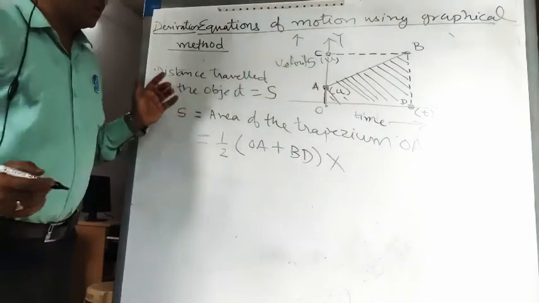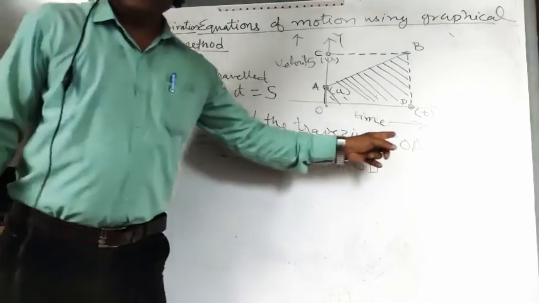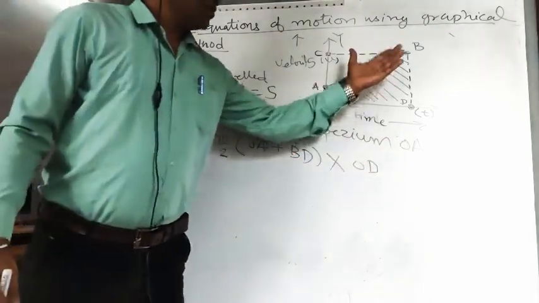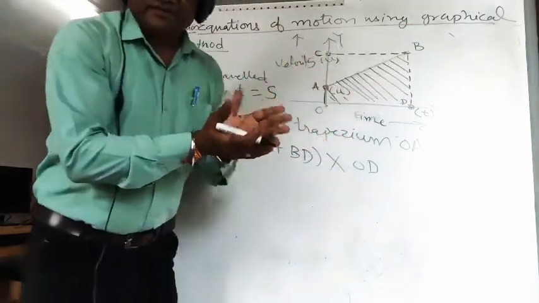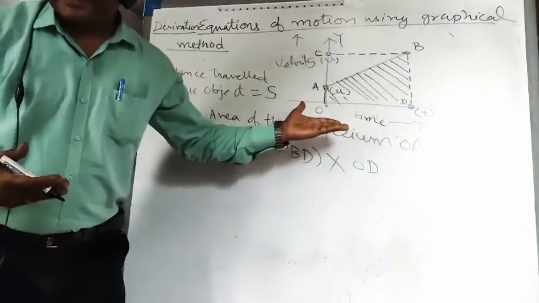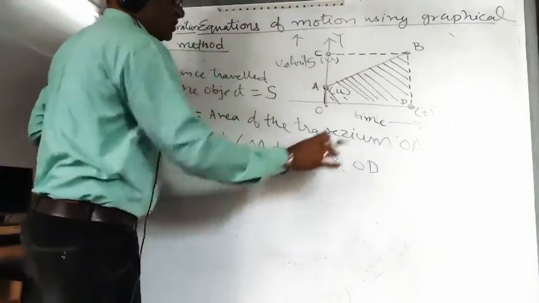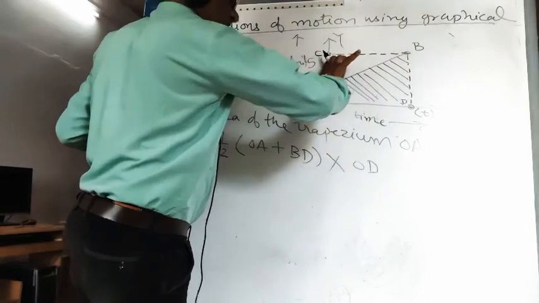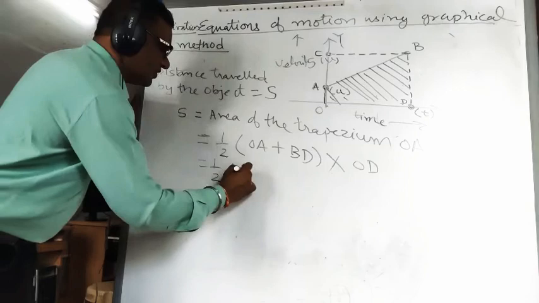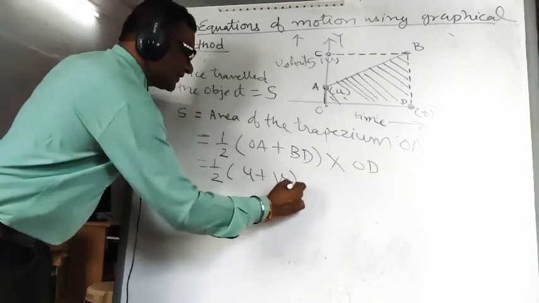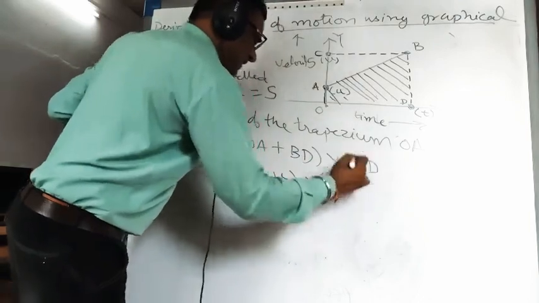The perpendicular distance between the parallel sides is represented by OD. As I told, OA represents U, and BD represents OC, that is V. So this is equal to half U plus V into what value? What is the value of OD corresponding to the time t?